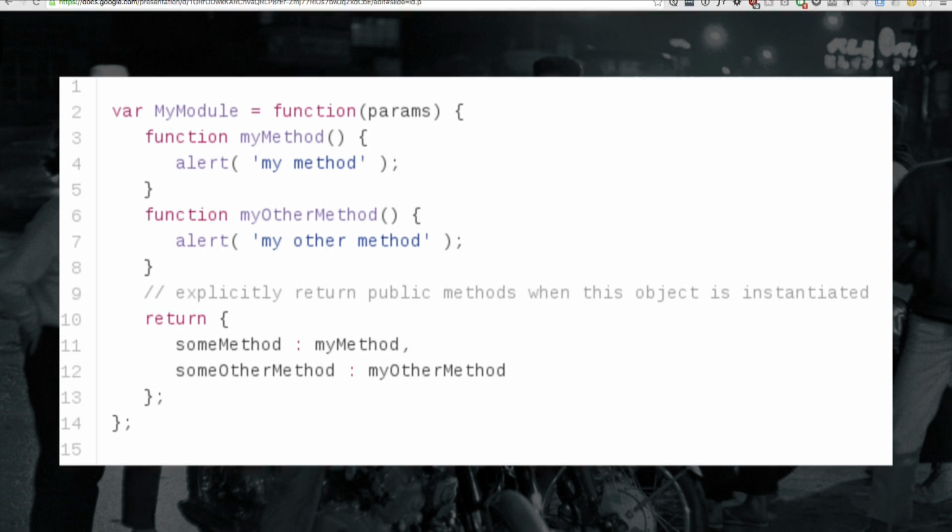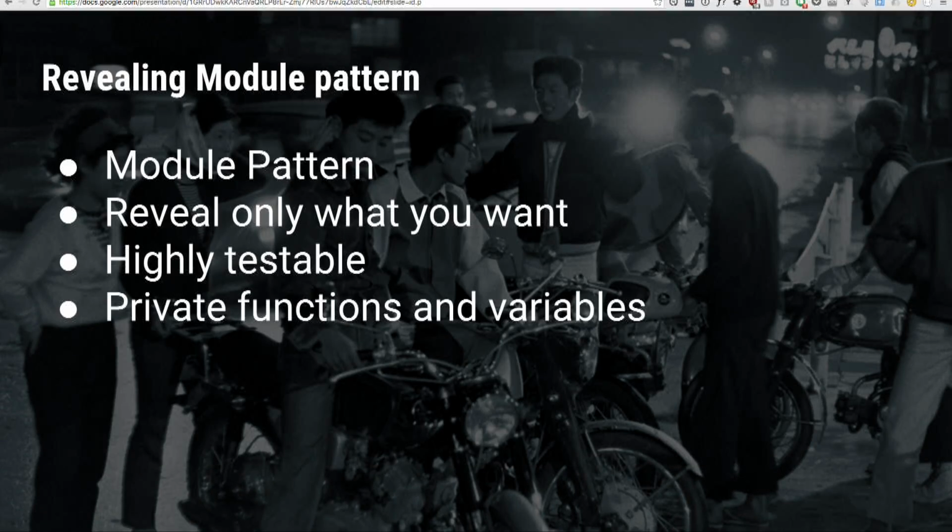So I can even change the name. The fun part about this is that I'm not exposing any of the internals, and I also make very clear what the intent of the module and of the developer was.